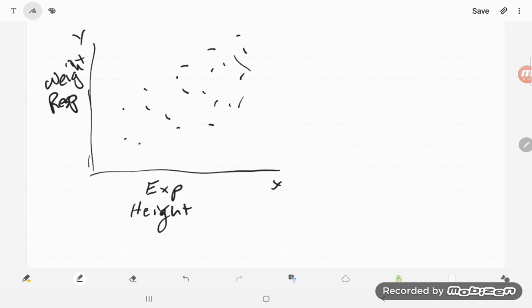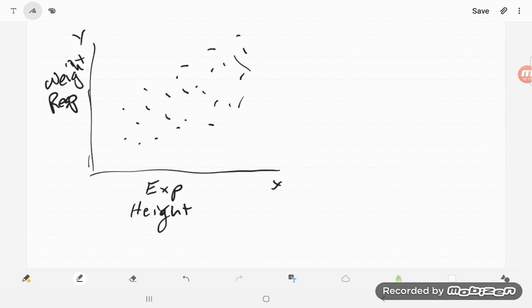And so we have maybe data that look kind of like this, and we could run our regression analysis on it.